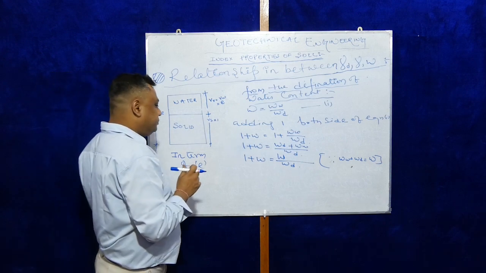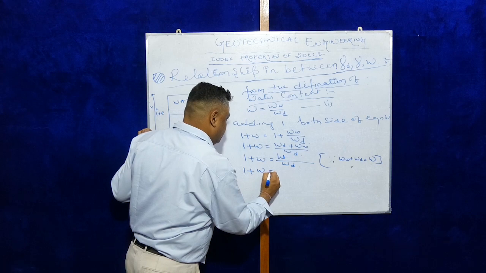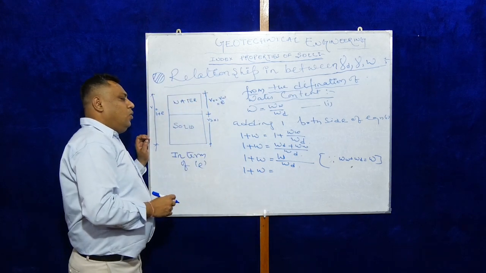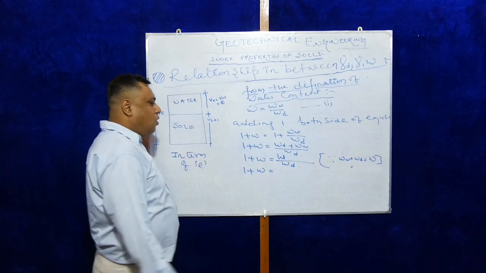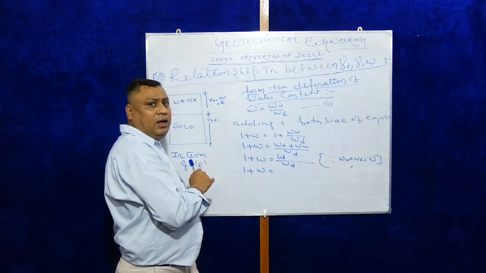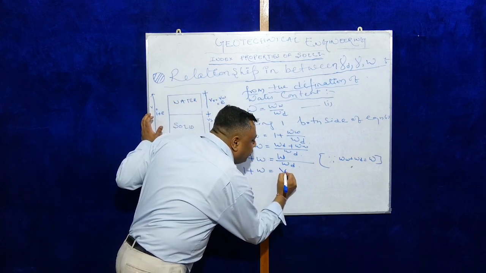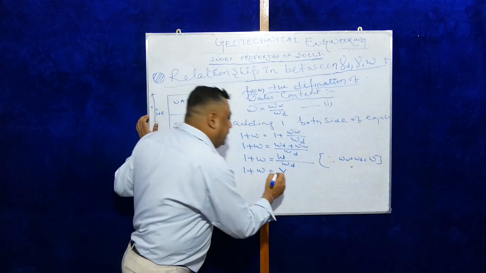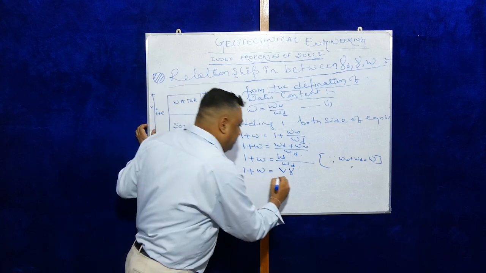Next, total weight of soil is equal to what? What is total weight of soil sample? Total weight of soil sample is equal to total volume of soil sample into unit weight of soil sample.